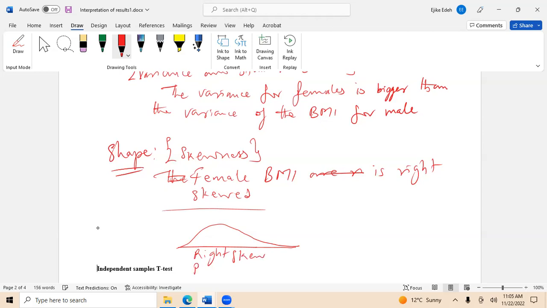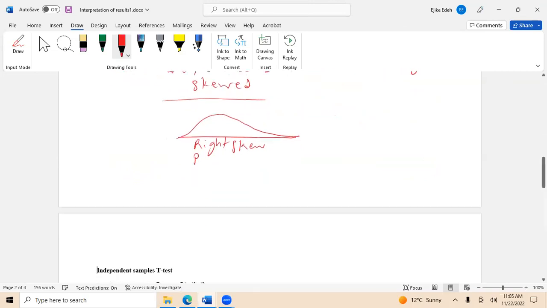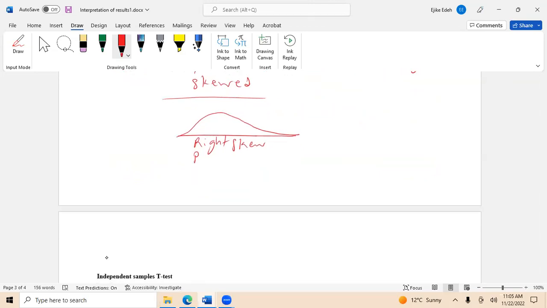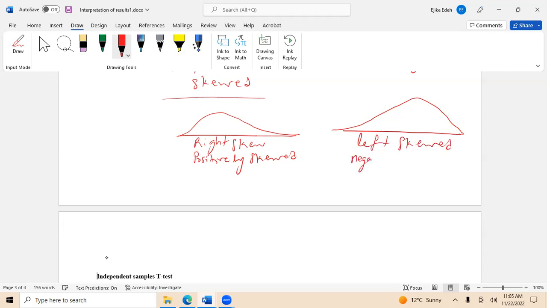It could also be termed as positive skew, positively skewed. Okay, while this is representing a negative skew or left skew, which could also be termed as negatively skewed.